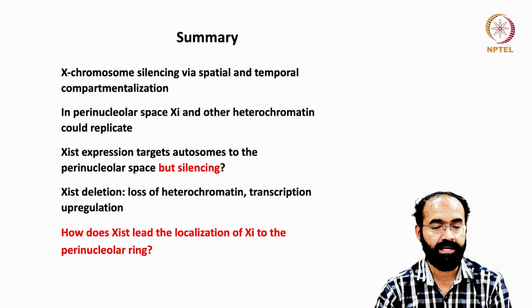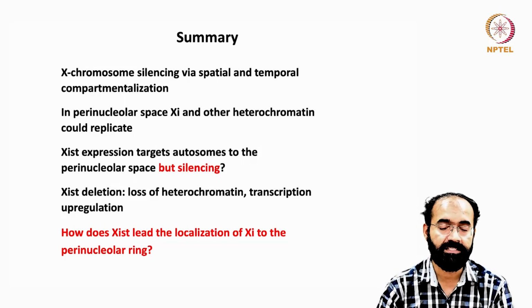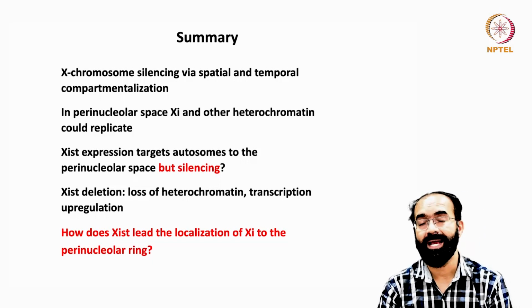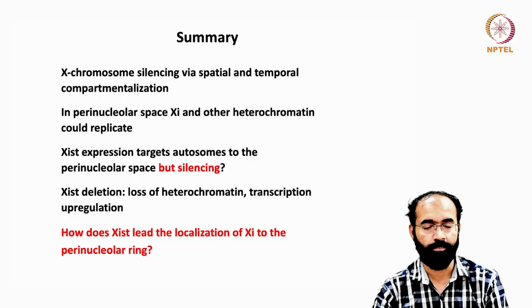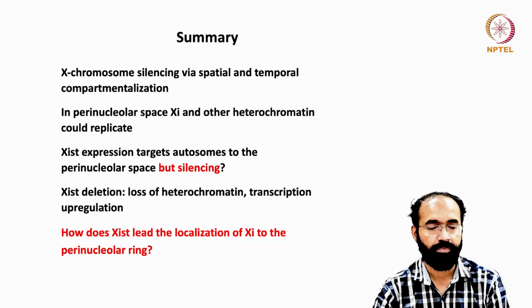That is a place where they replicate, and Xist expression targets autosomes to the perinucleolar space, but they may not be getting silenced as it is occurring with the X chromosome, at least in that experiment where they tried chromosome number 8.